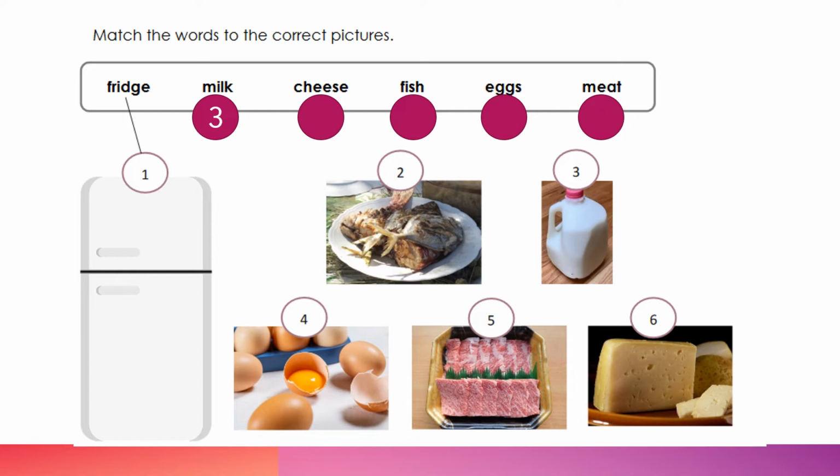Cheese. Now, I'm sure you know it. It's picture number 6. Fish. It's picture number 2. Eggs, 4. And the last picture is meat, which is number 5.